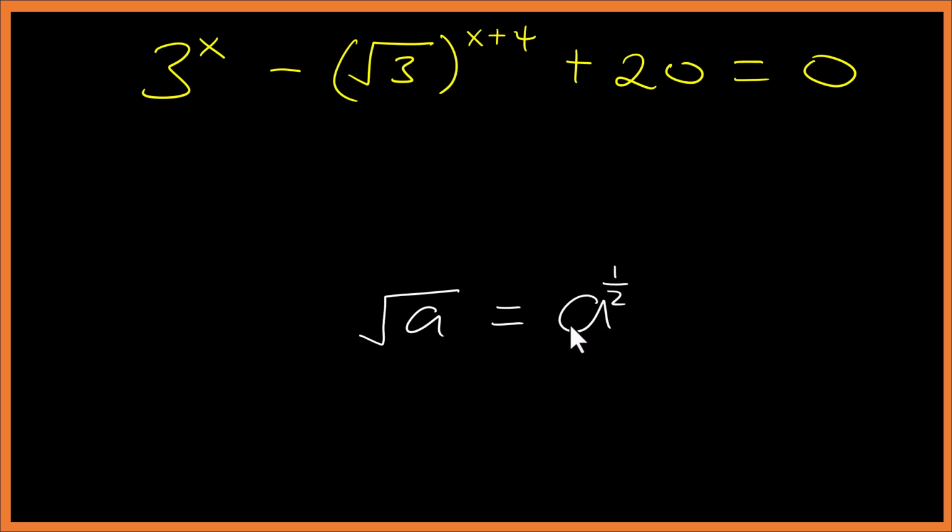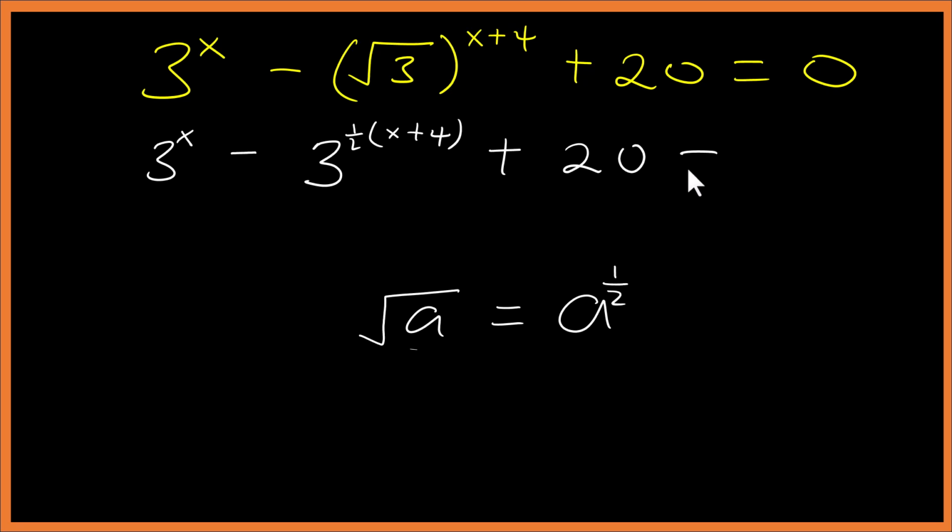So the first term will be 3 to the power x, minus, and we can bring the root sign out as a half. In the same idea, this is the same as 3 to the power half times x plus 4, plus 20 equal to 0.